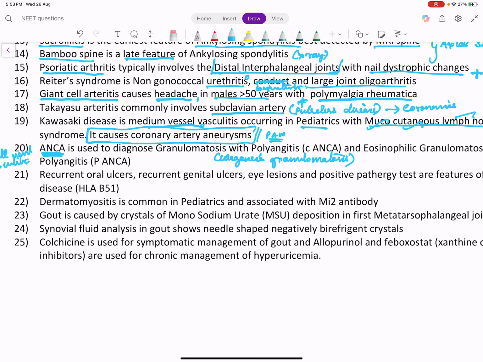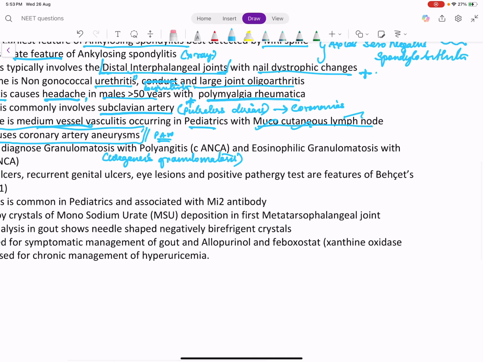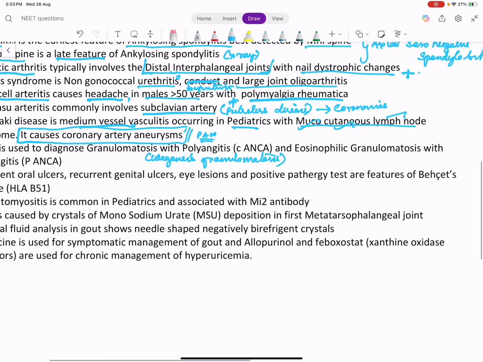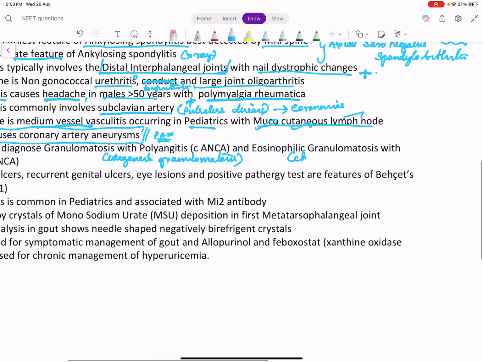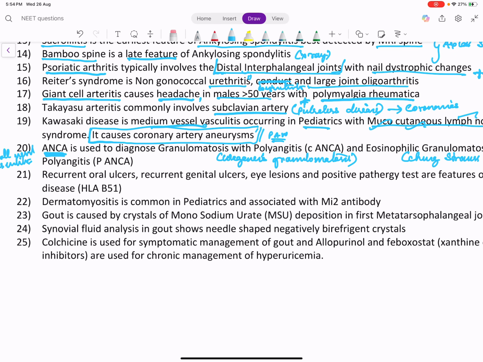In that we have C-ANCA. Then we have another disease called EGPA, eosinophilic granulomatosis with polyangiitis, also called Churg-Strauss syndrome. Here P-ANCA is present. So C-ANCA, P-ANCA vasculitis.